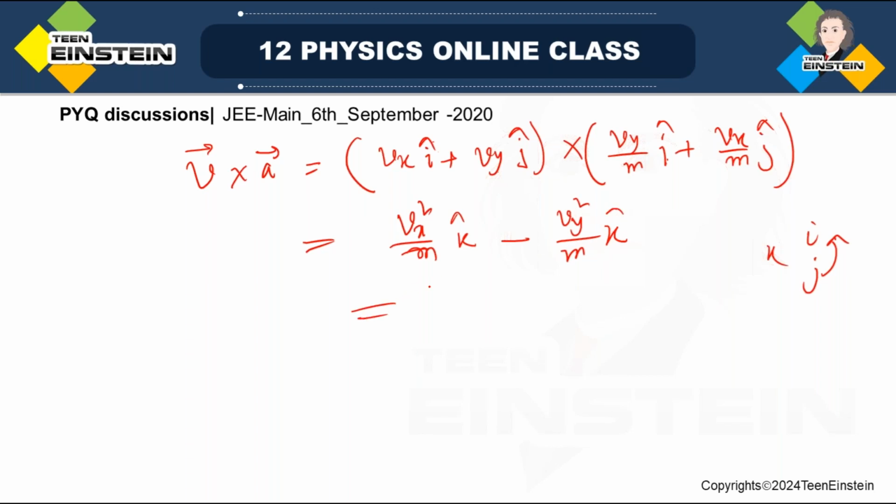So we get 1 over m vx square minus vy square.